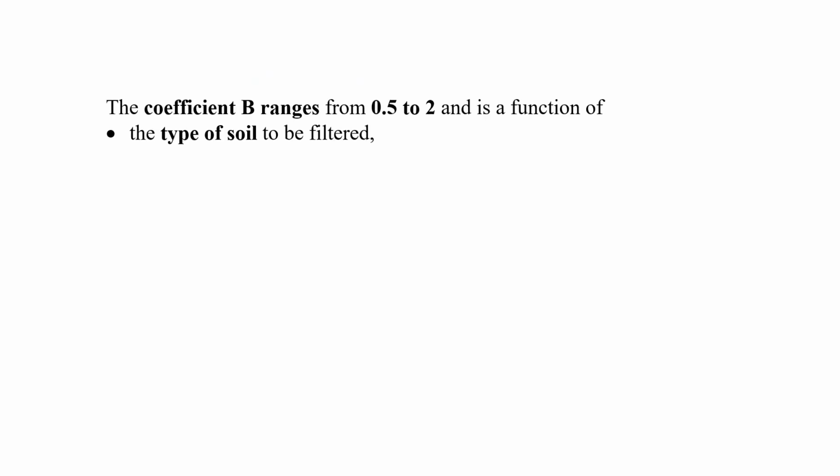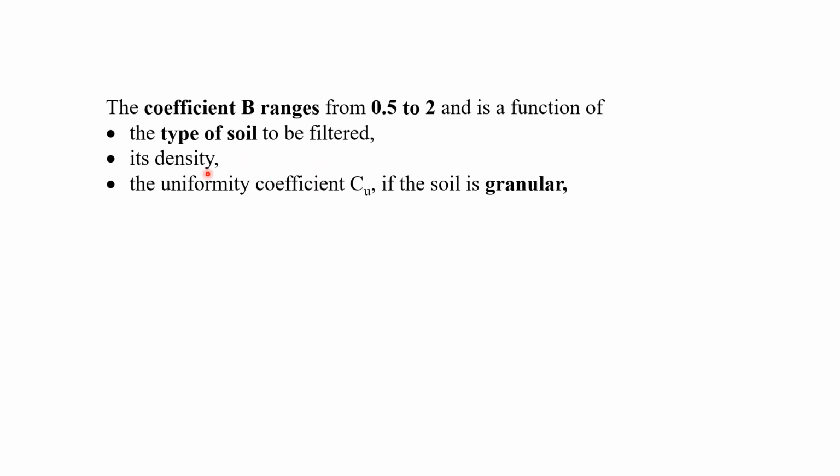Now, the coefficient B, which we have seen in the previous slide, often varies from 0.5 to 2, but B depends upon different things: the type of soil to be filtered, its density, and coefficient of uniformity.